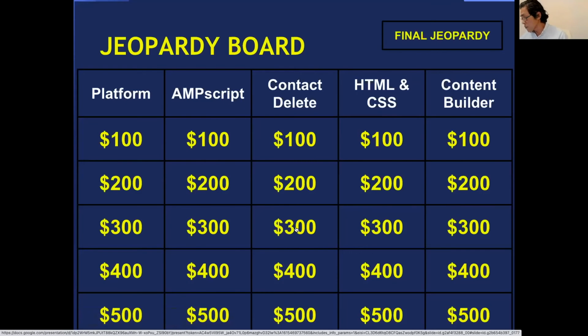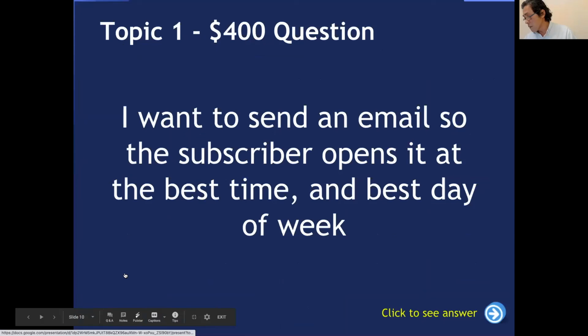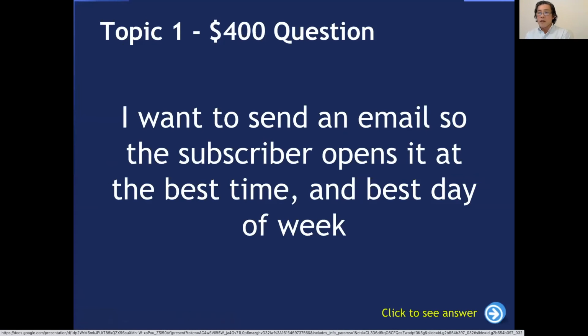So we have AmpScript and Contact Delete 2, 3, 4, 5, and Platform 4 and 5. I will try Platform 4. Platform 4. I want to send an email so that the subscriber opens it at the best time and the best day of the week. What am I?